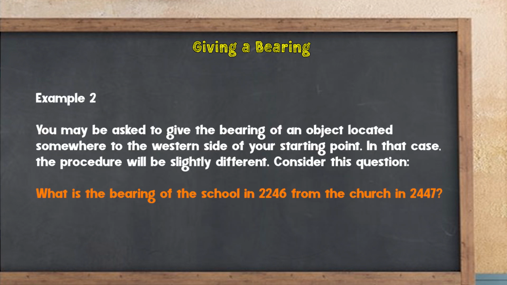Example 2. Now you may be asked to give the bearing of an object located somewhere to the western side of your starting point. In that case, the procedure will be slightly different. Consider this question: What is the bearing of the school in 2246 from the church in 2447?